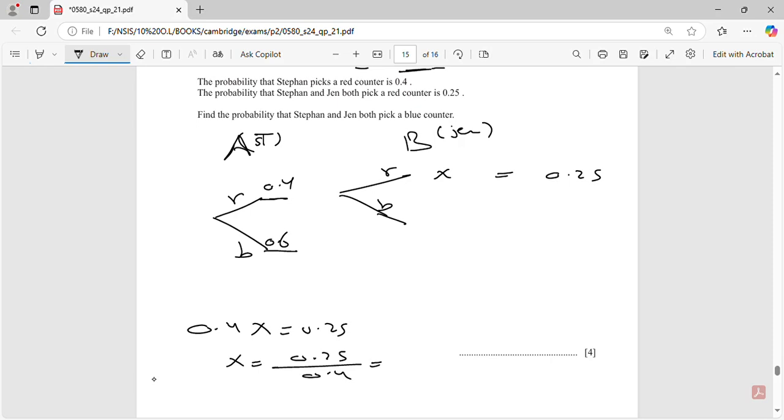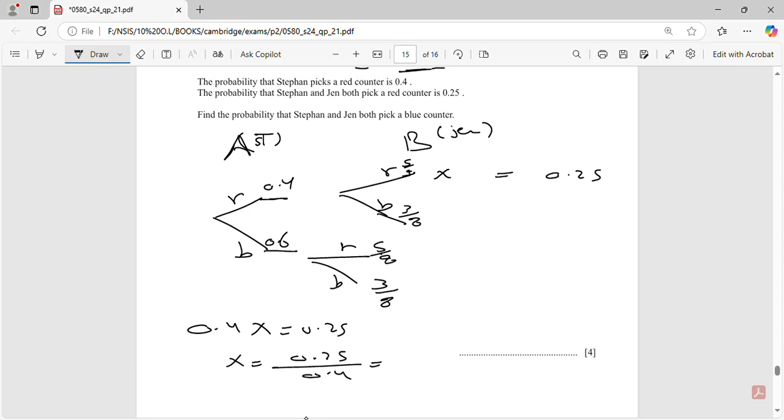So 0.25 divided by 0.4 is equal to 5 over 8. So this would be 5 over 8, and of course this would be 3 over 8. This is for red and blue.